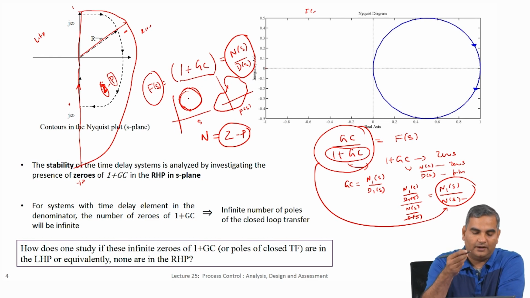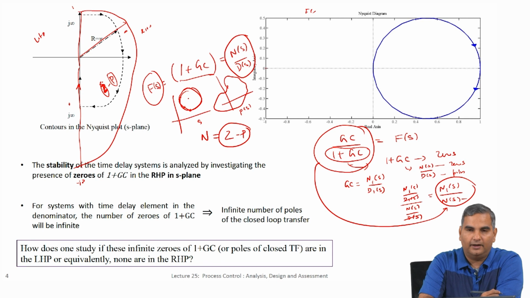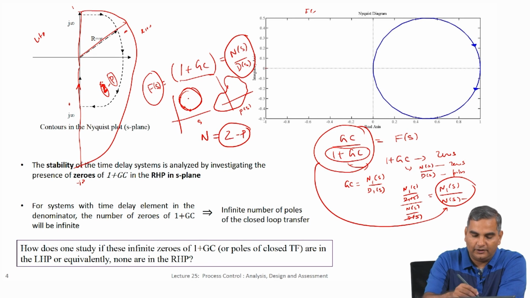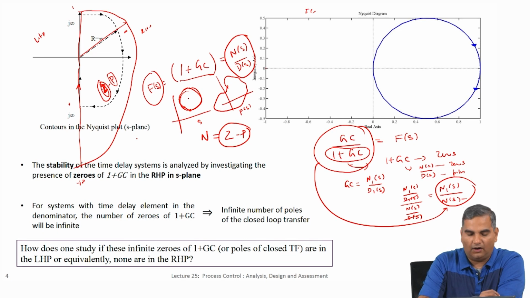So first, from the Nyquist diagram, I just want to explain how we convert that to a control concept. We will still see how to get rid of this Z minus P problem, but let us assume that I can find out how many zeros and poles are there within this contour. At least we have got the quantity of interest, the number of zeros of 1 plus GC, into this picture already.